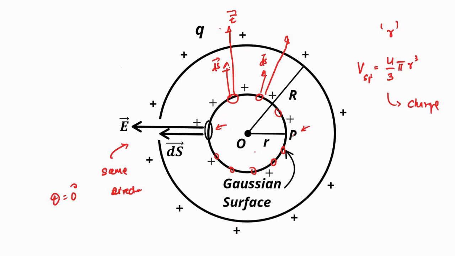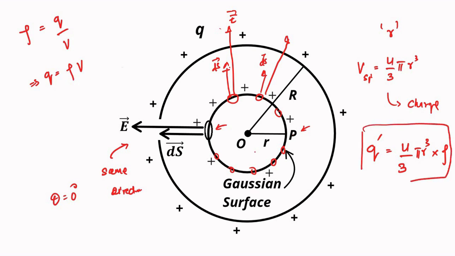We know that volume charge density rho is equal to q by volume, that implies q is equal to rho V. So in this case, the charge contributed by this inner sphere, q dash, is equal to the volume of the sphere involved, 4 by 3 pi r cube, into the volume charge density rho. Now we have already determined that rho is equal to how much?